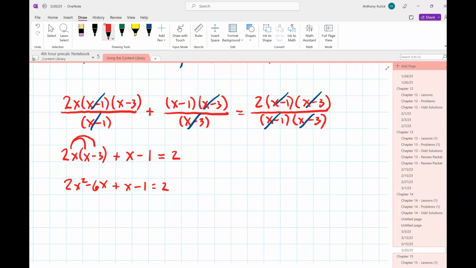Then let's combine some like terms. And I'm going to subtract the 2 over, so it's equal to 0. Everybody okay? What are we left with?